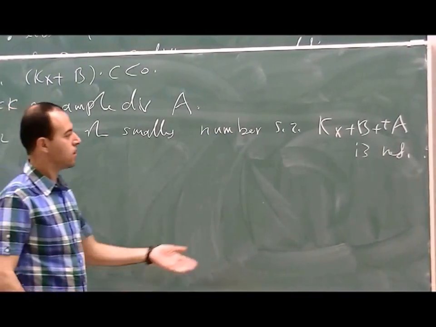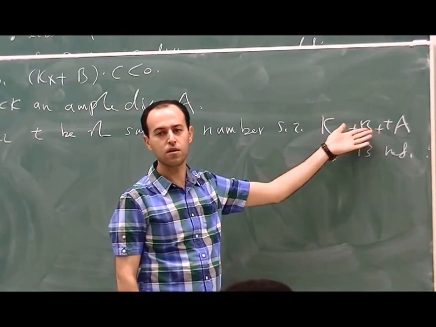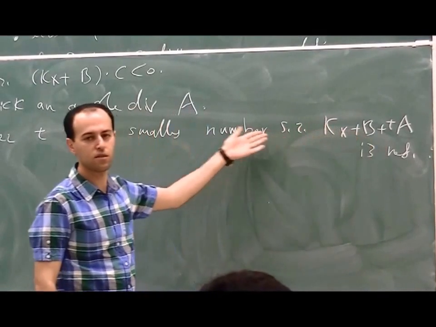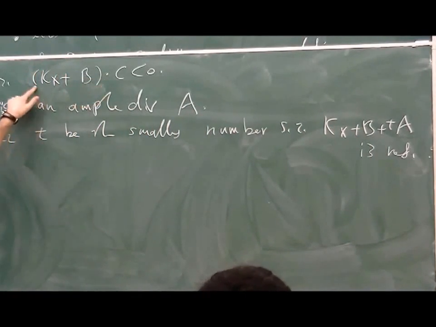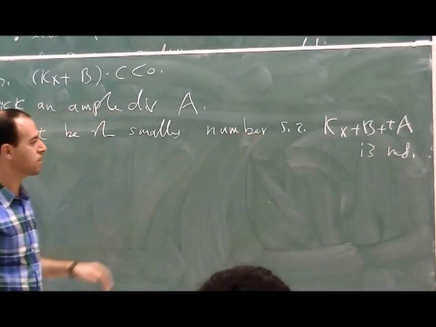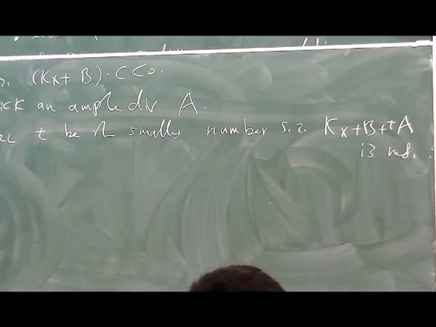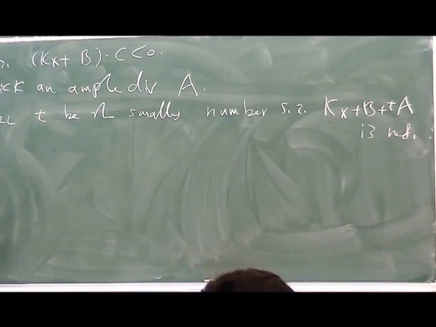Now you could say that, okay, this is already like a minimal model. Why should we go any further? But the problem is that the geometry of this divisor does not reflect the geometry of K_X + B. We want to understand this, not that. So that's why I said this is really a cheat. But on the other hand, it's not such a bad idea for the following reason.